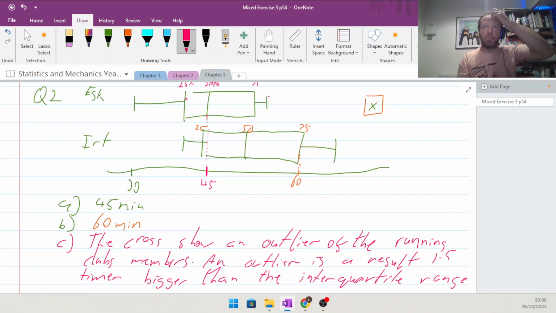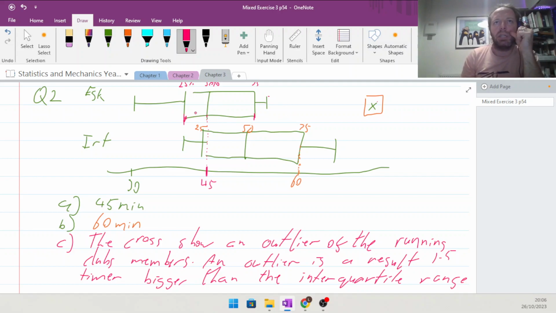Basically, if you take the range between the 25 and the 75%, multiply it by 1.5, and then add it onto the middle there.